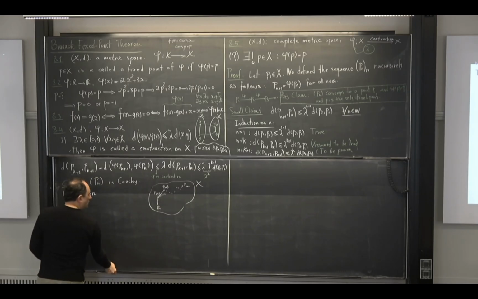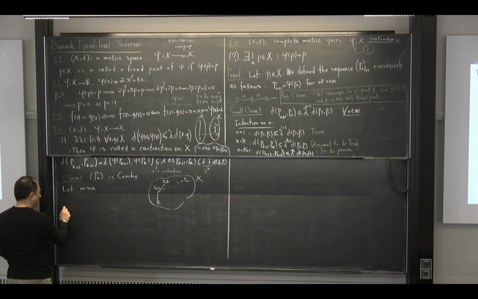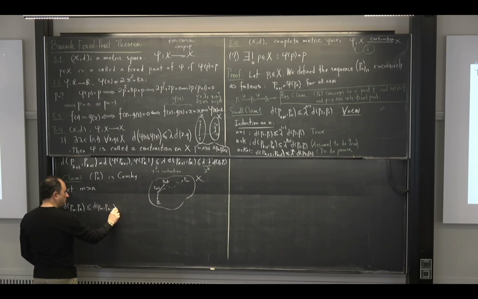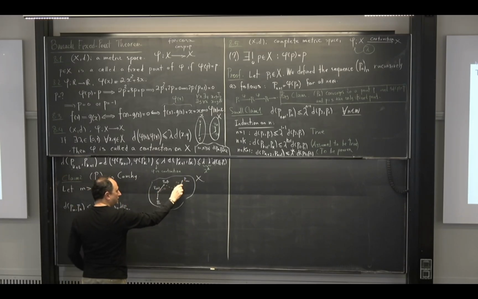So what we can do, we can say that d(pm, pn) is less than or equal to, I start from the end, d(pm, pm minus 1) plus d(pm minus 1, pm minus 2). Do you agree that this is the triangle inequality?